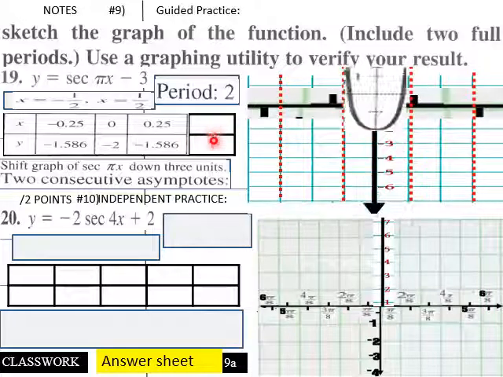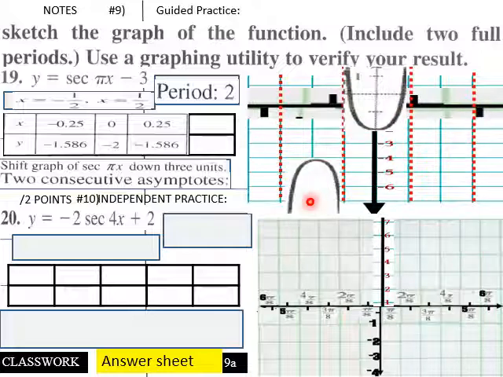Those would be our vertical asymptotes. This would be our first part of our secant curve, this piece here. And our second one will be down here. We have a shift here down 3, so we're down here at negative 4.